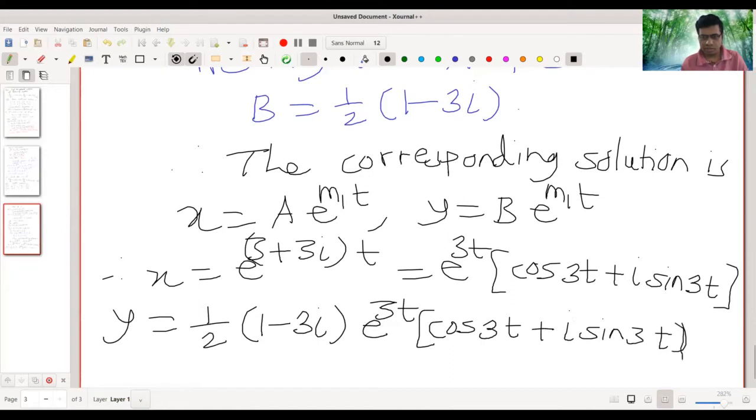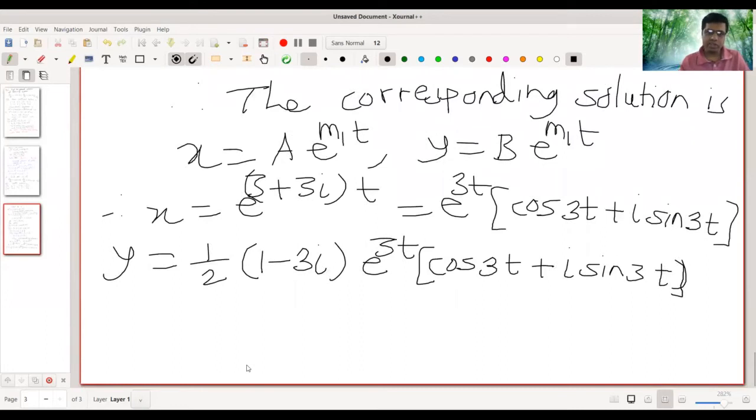Okay. So we can simplify this. We are interested in the real and imaginary parts of the solution. So it is 1 half e raised to 3t into. Now these two complex numbers, we take the multiplication of these two complex numbers and get the real part as 1 into cos 3t. So cos 3t, then minus 3i plus i into sin 3t.